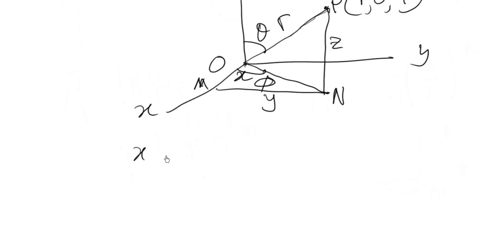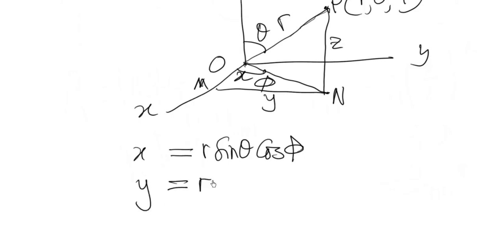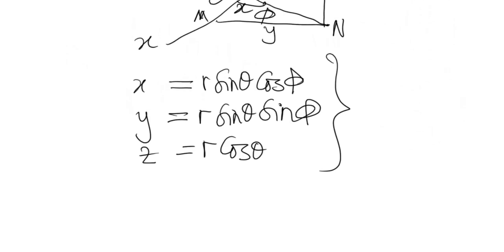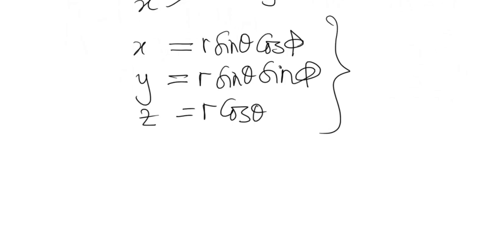The relation between the Cartesian coordinate system and the spherical polar coordinate system is this. So if you know the spherical polar coordinates r, theta, phi, then we can calculate the coordinates in the Cartesian coordinate system x, y, z, and conversely, if we know x, y, z, then we can find r, theta, phi.